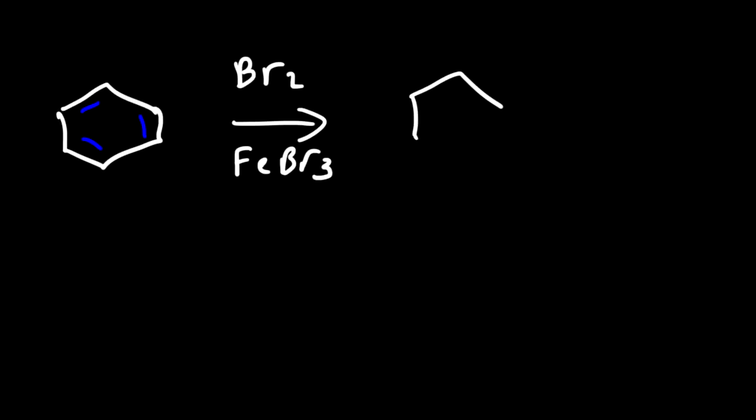Another way in which you can do this, which is in the section nucleophilic aromatic substitution reactions, is to react the ring with a bromine atom, let's say Br2 and FeBr3. So once you put a bromine atom on a ring, then you need to use sodium amide.